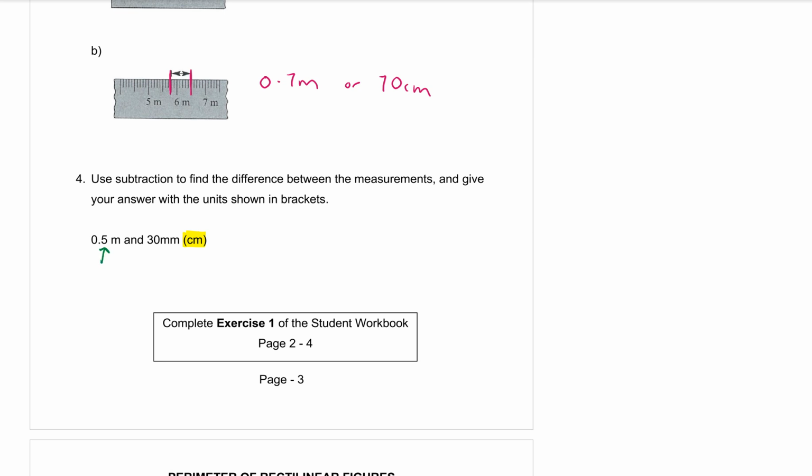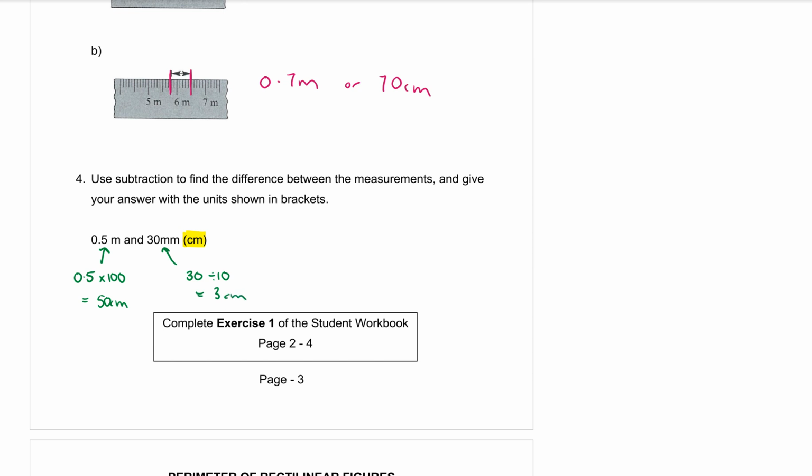This first one, the 0.5, it's in meters. To change that to centimeters, thinking of that diagram, you can look back at it if you need to. To get from meters to centimeters, you times by 100. So that's 50 centimeters. Now for the second one, we have 30 millimeters. To convert that into centimeters, I'm going to have to divide by 10, which means 3 centimeters.